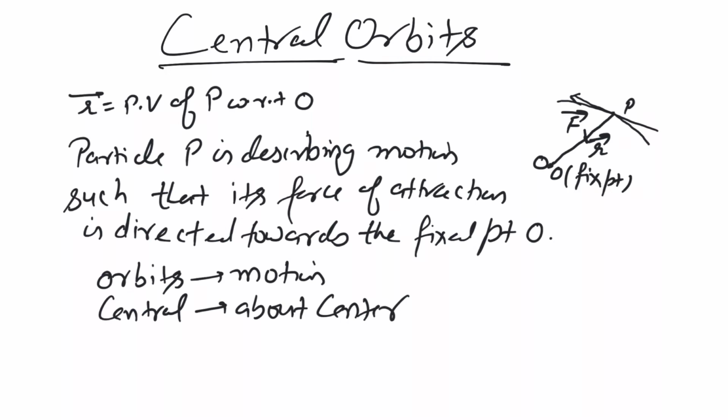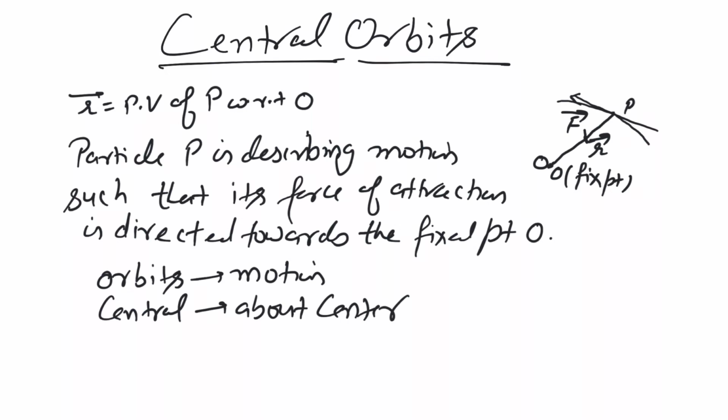So motion about the center means that the force of attraction is always towards the center. So this definition is very easy. You have to write something like that: the central orbits are those orbits in which the force of attraction is always towards the center.